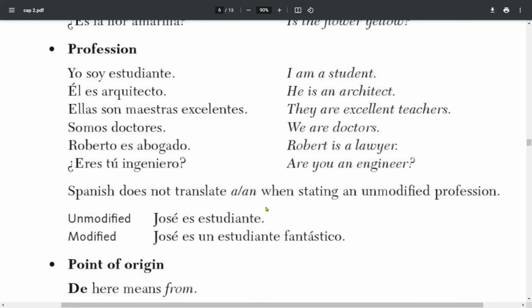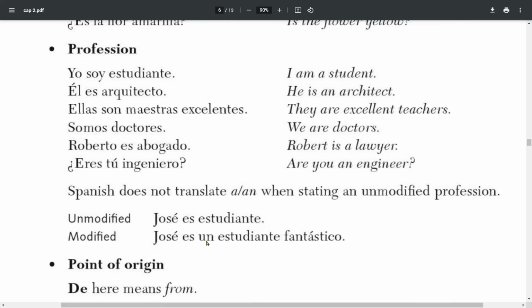Spanish does not translate a and when stating an unmodified profession. So that means that in Spanish, we don't say Joseph is a student. We only say Joseph is student. Jose es estudiante. Now, if you add something extra, like the second example, yeah, we will include un, a, or an.